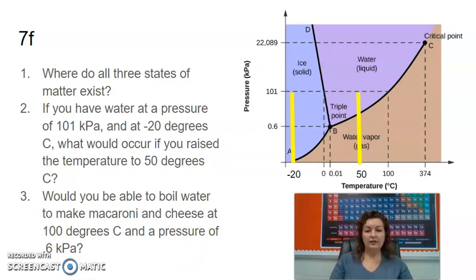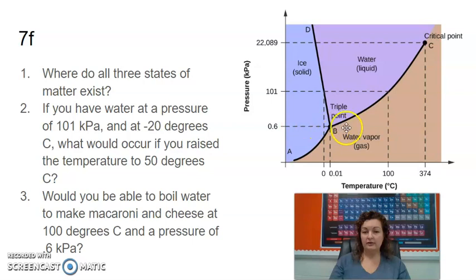The next question, would you be able to boil water to make macaroni and cheese at 100 degrees Celsius at a pressure of 0.6? So we're going to go ahead and look at this. I start at 100 degrees Celsius right here. I want to go to the pressure of 0.6. So here's 0.6.